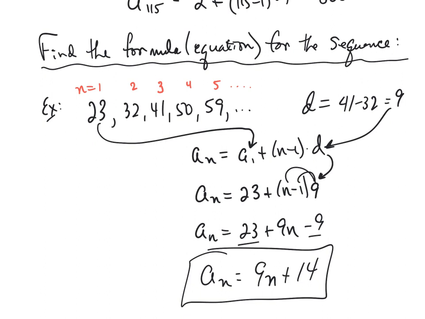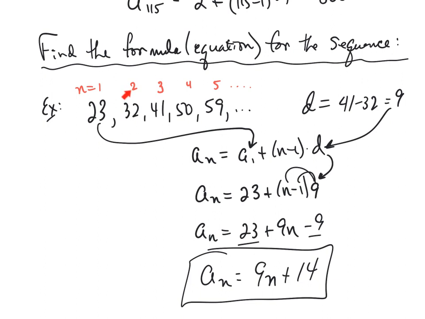And you can notice now that if you were to replace n with 1 in my formula, 9 times 1 is 9, plus 14 gives me 23, the first term in my sequence.